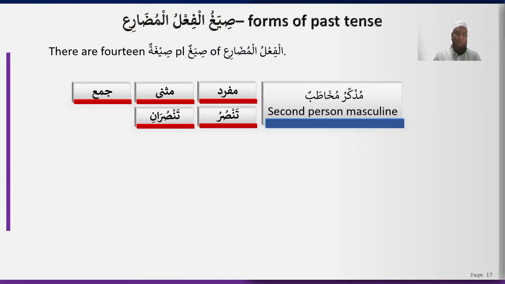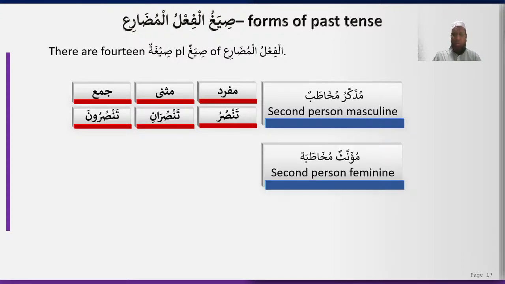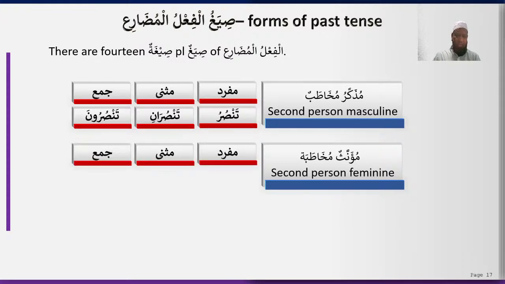Next, tansurani, it is marfu wa alamat raf'ihi thubut nun, and alif is the fa'il. Tansuruna marfu wa alamat raf'ihi thubut nun, nun is there, and waw al-jama'a is the fa'il fi mahall raf'. مؤنث مخاطبة, the second person, مؤنث مفرد مثنى جمع. تنصرين.